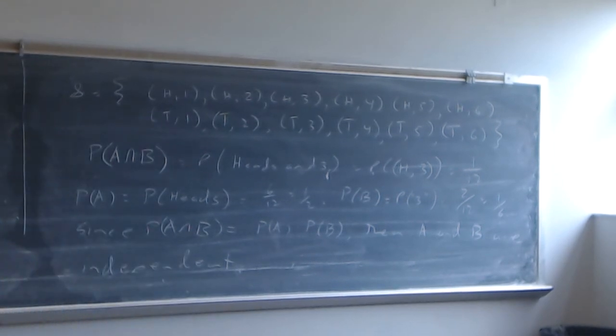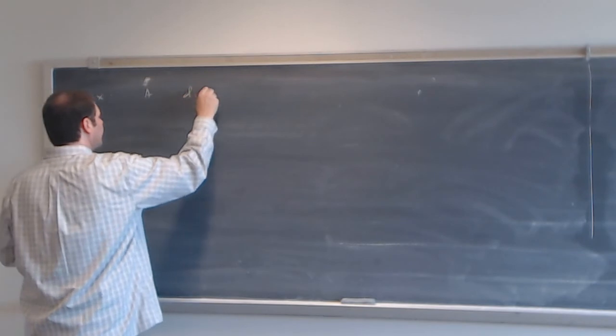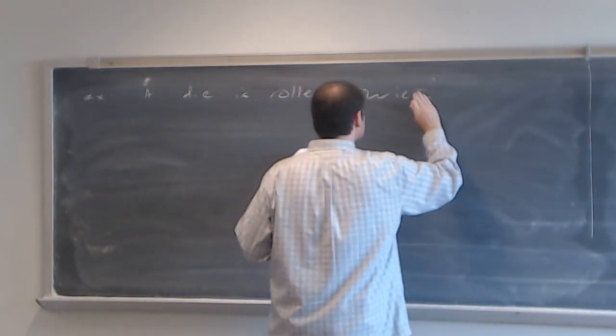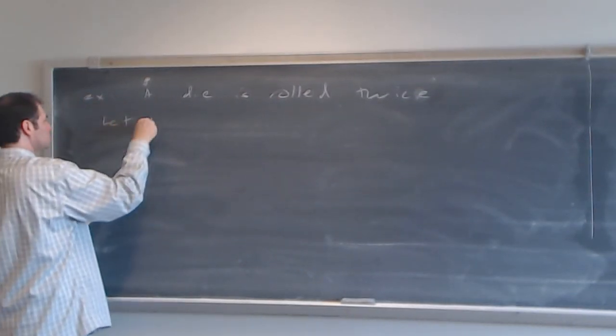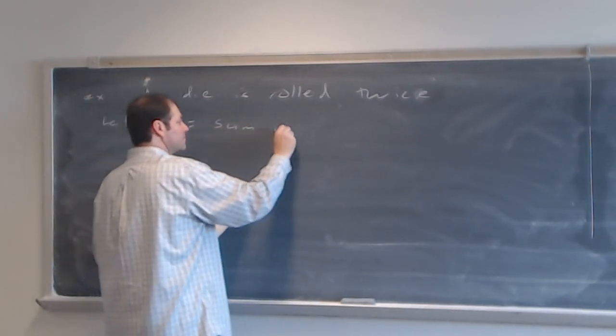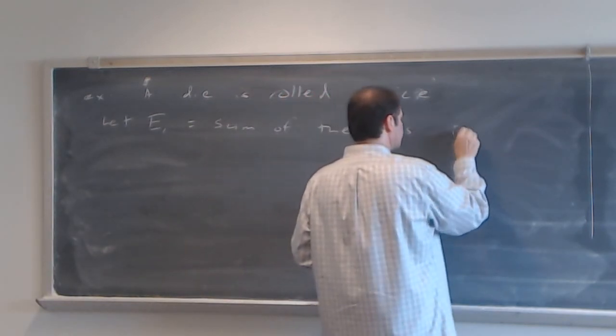Okay, let's do one more example. A die is rolled twice. Let E1, E sub 1, be the event that the sum of the rolls is 6.